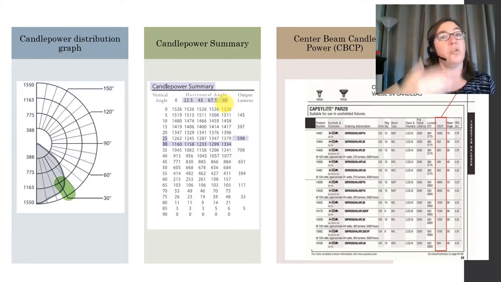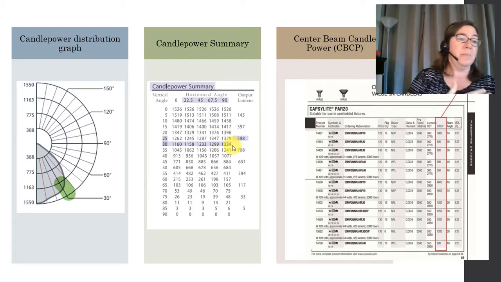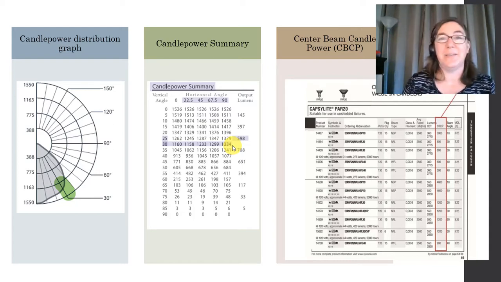So it's the across value. And so we would go ahead and read down and find that value right here. It's 1334. So you can see that we were roughly right. We guessed 1300, and we got a more exact number from the candle power summary chart.